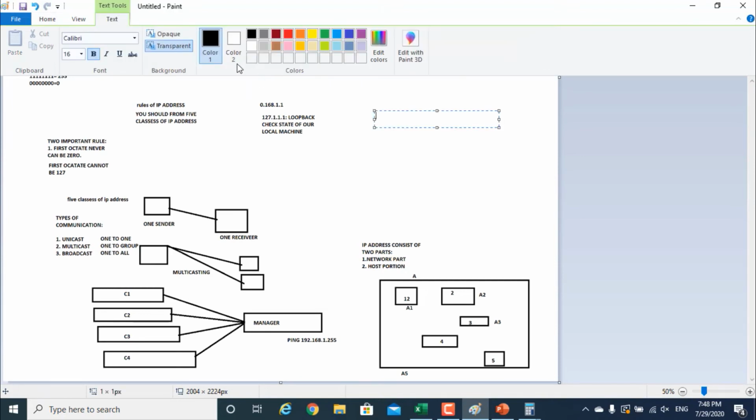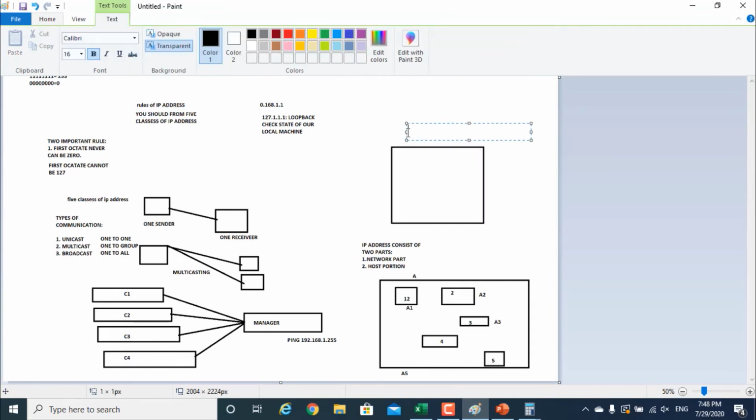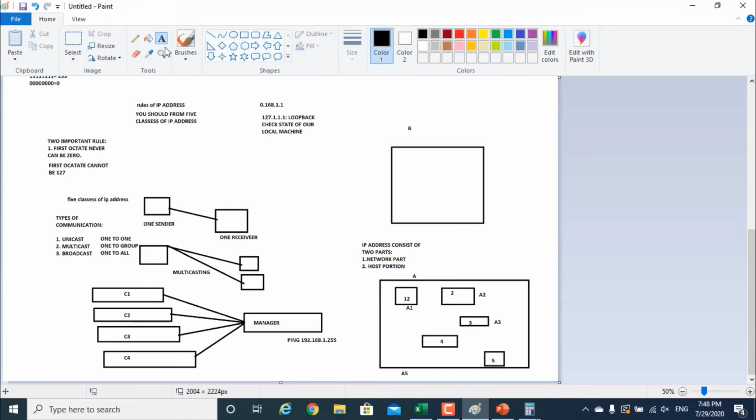But let's say there's some other building, building B, and inside this building B we have the same flat number 1.